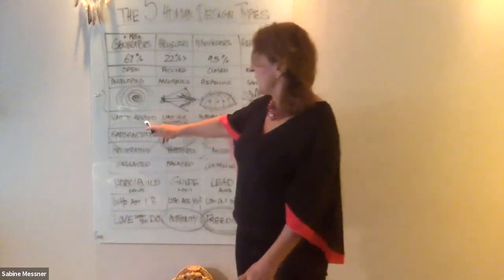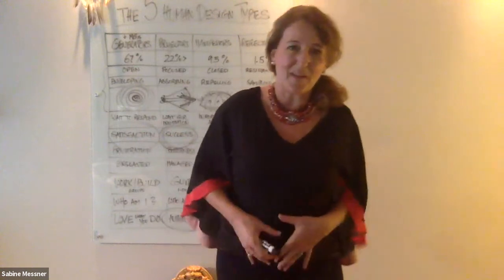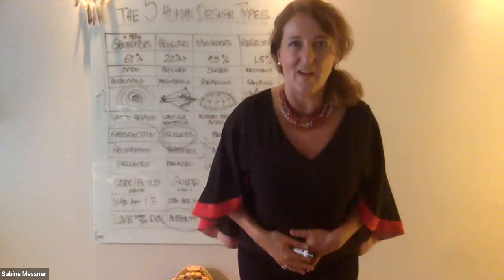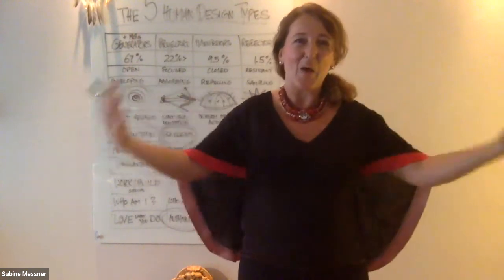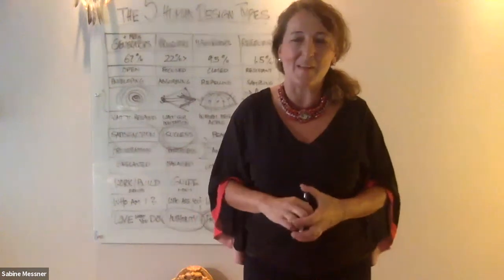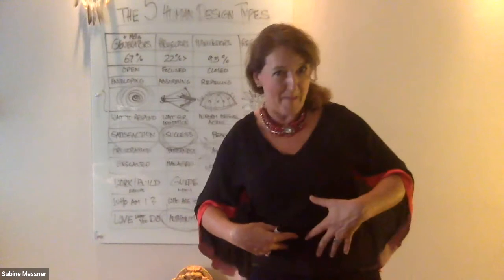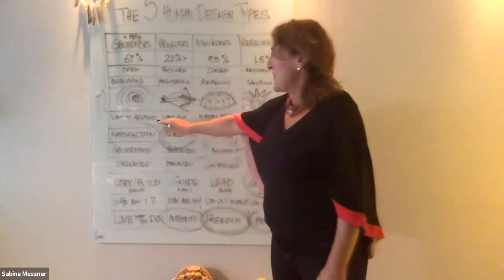So yes, we have been told that we need to wait to respond, because we have that defined second chakra. So we need to let the environment give us something to respond to, and then we respond with our gut response, right? Yeah, no, maybe.